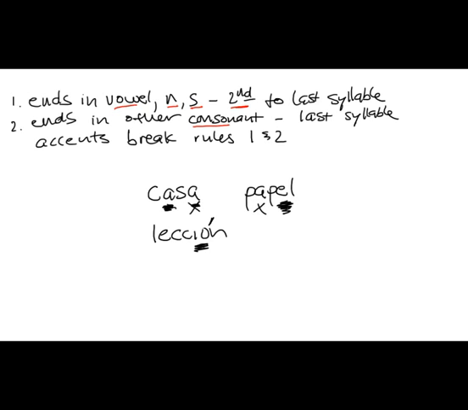Lección, we talked about this being a diphthong, two syllables, a weak and a strong, two vowels making only one syllable. This does not fit our rule because the stress is here on the last syllable, lección, but it ends in an N, which says it should be second to last. So we put the written accent on the strong vowel, because if we put it on the weak, it would become lección, a three-syllable word.